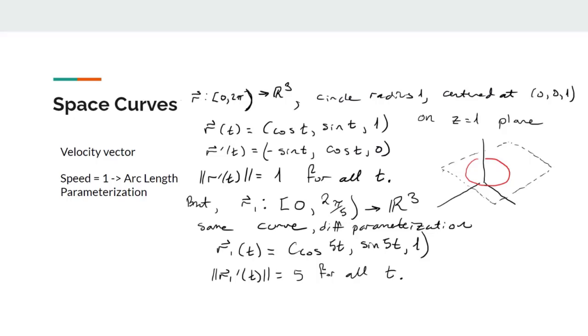We have some function r mapping 0 to 2 pi into R3, and we define it to be a circle of radius 1 centered at 0, 0, 1. So r of t equals cosine t, sine t. Cosine t, sine t parameterize a circle in the xy plane, and we add the z component as 1 to put it on the z equals 1 plane.